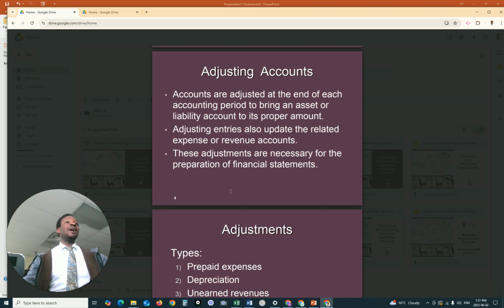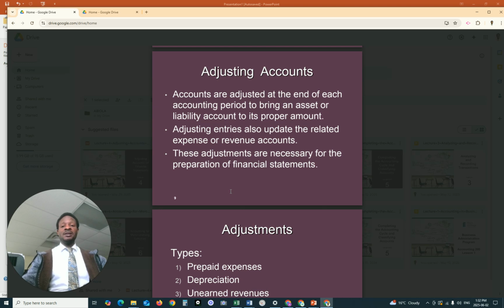So accounts are adjusted at the end of each accounting period to bring an asset or liability account to its proper amount. Adjusting entries also update the related expense or revenue accounts. These adjustments are necessary for the preparation of financial statements, because it is these financial statements that you publish to users.